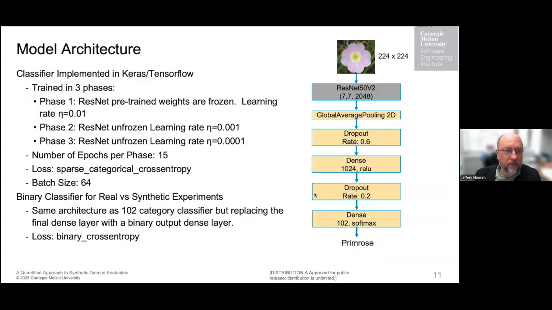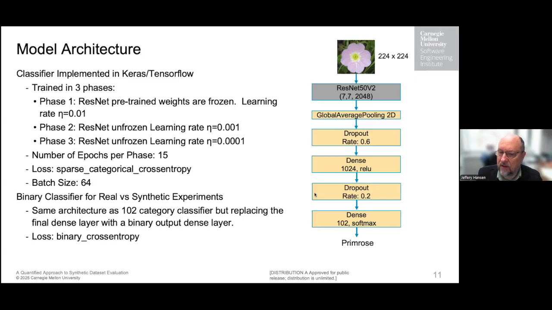The model that we used for the experiments is a transfer learning based approach with the ResNet model as the base. We did this in a 3-phase training. In phase 1, we froze the weights in the pre-trained ResNet model and used a fairly high learning rate, 0.01, for 15 epochs.